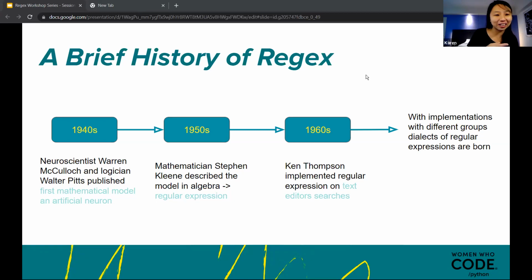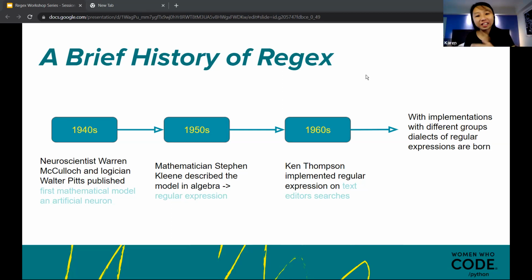A neuroscientist and a logician published the first mathematical model for artificial neurons, originally for artificial intelligence. Then in the 1950s, a mathematician used this model and formulated an equation in algebra, which is the birth of regular expression.